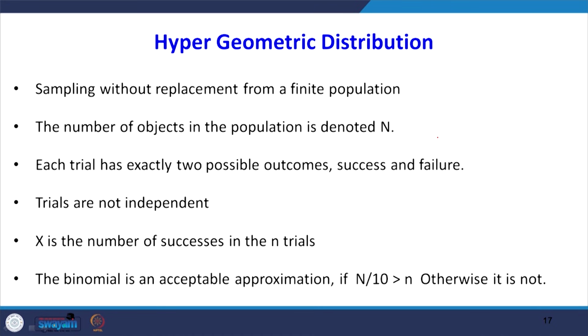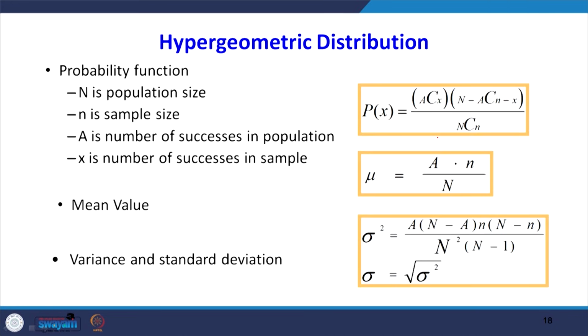The binomial is an acceptable approximation if capital N divided by small n is greater than or equal to small n, otherwise it is not. Then we will see the probability function. If it is discrete, we will use probability mass function. If it is continuous, we will use PDF, probability density function. So, the probability mass function is p of x equal to ACx times N minus A C n minus x divided by capital NCn.